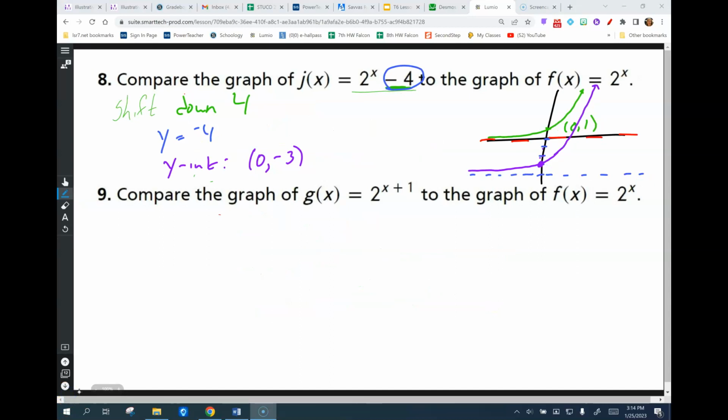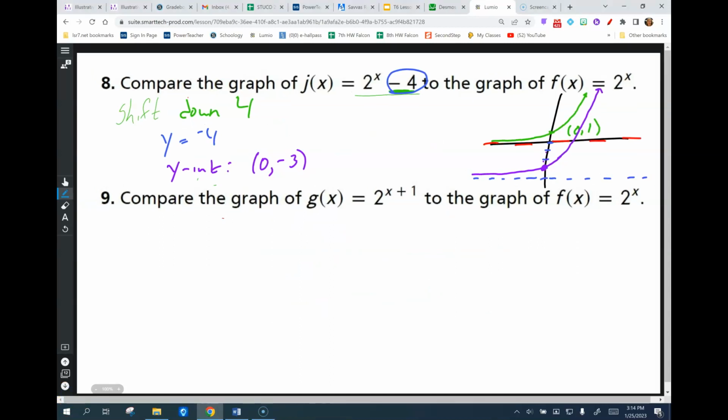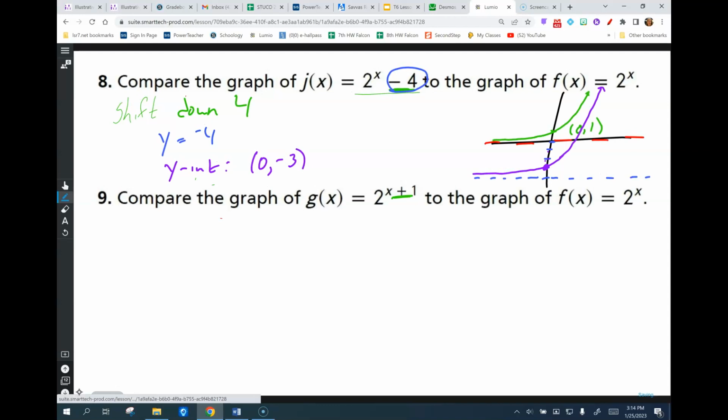So let's jump to number 9. Again, this is a horizontal shift because it's up in the exponent. We have a plus. We know it's a horizontal shift, so it's going to go the opposite direction. So this is going to shift left 1. Because it's a horizontal shift, my asymptote does not change.